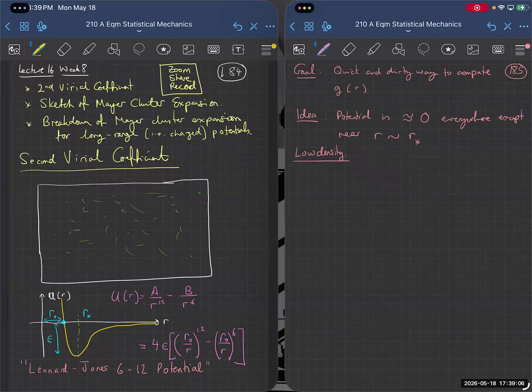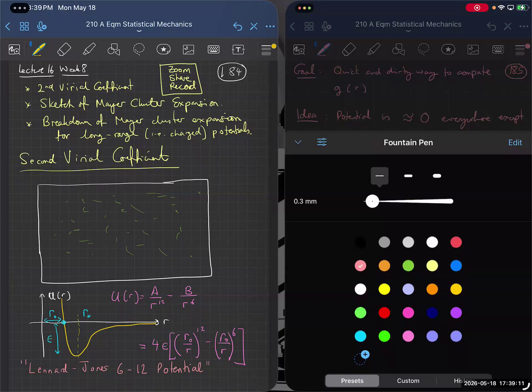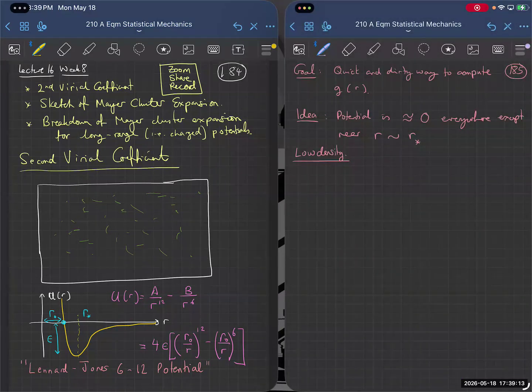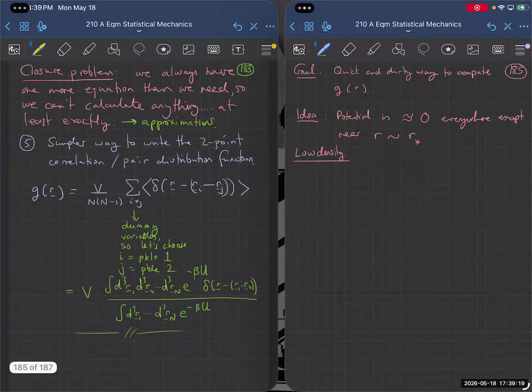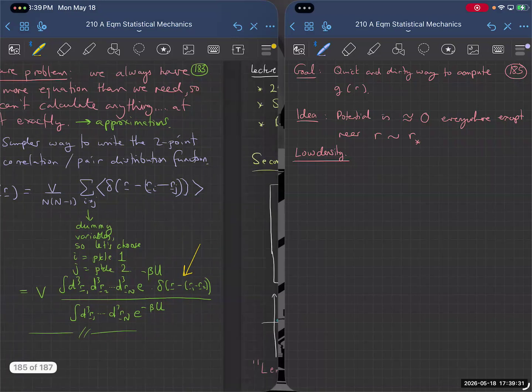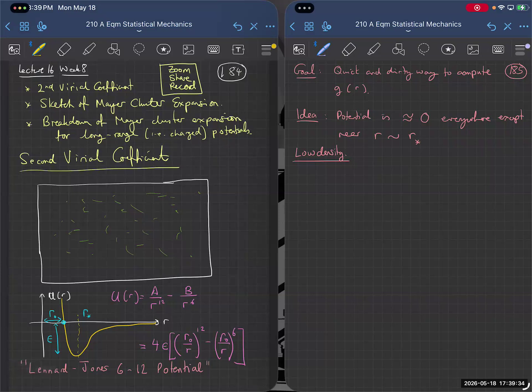This won't work at high density, but at very low density, what's going to happen is that the integral, and when I say the integral, I mean this integral here, the numerator of the 2-point correlation function, is going to be dominated by configurations where most of the particles are very far from particles 1 and 2, and they're also far from each other.